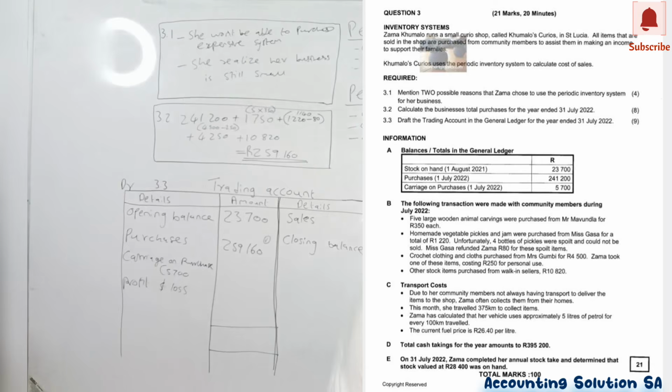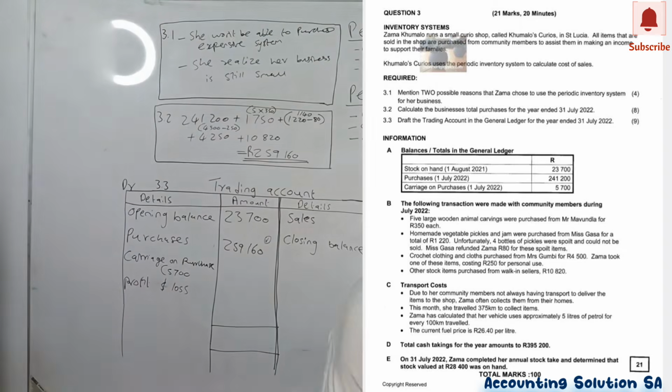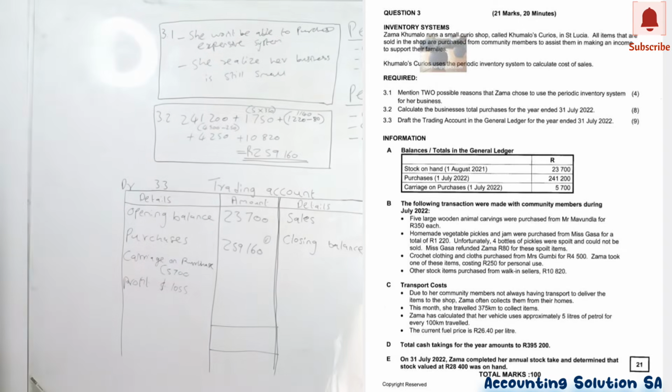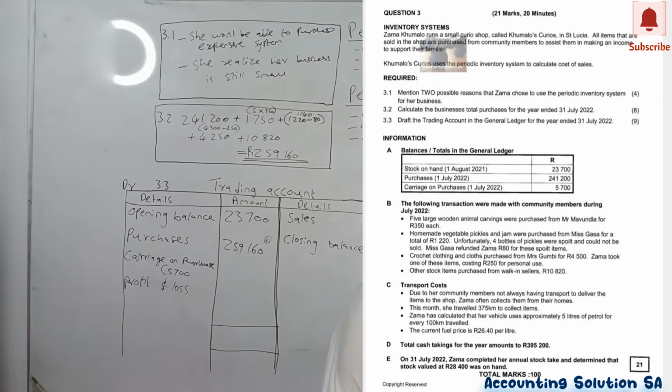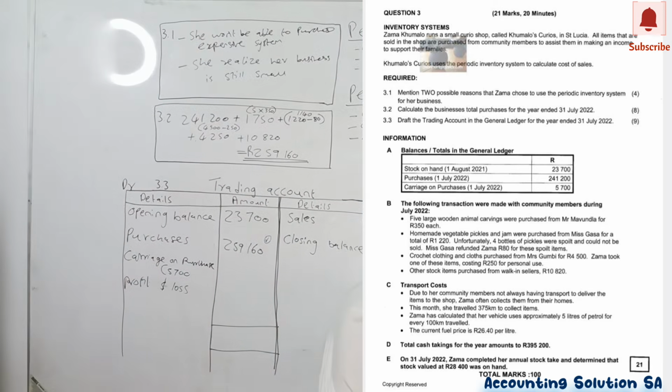Okay, then Zama has calculated that her vehicle used approximately 5 liters of petrol for every 100 kilometers traveled. Okay, then after that they said the current fuel price is 26 rand 40 cents.